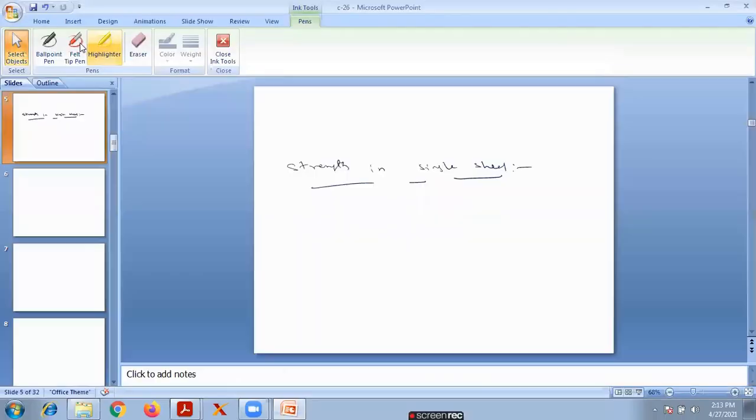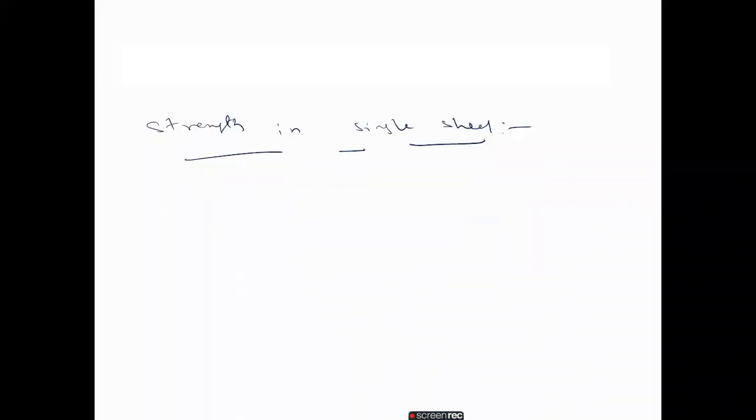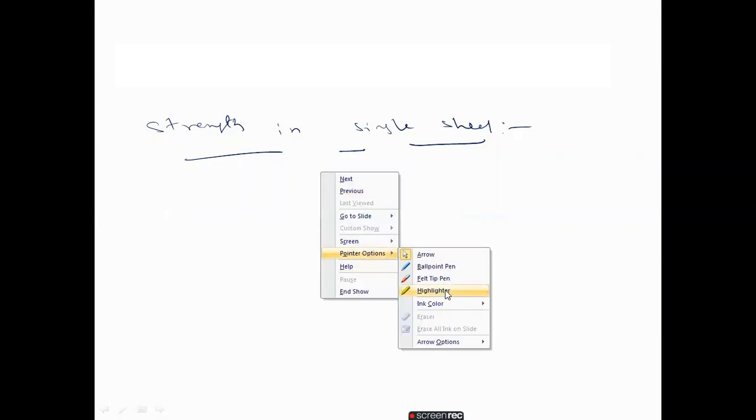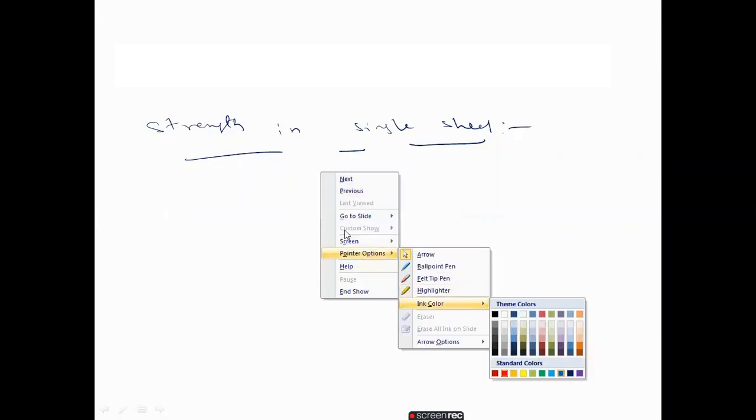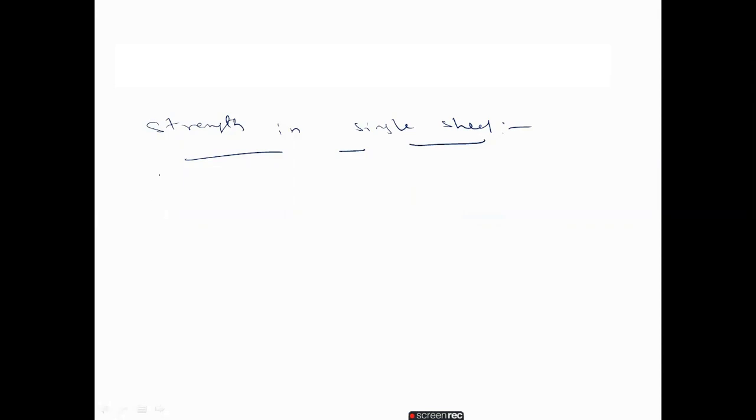So strength in shear, first we have to calculate in single shear. Okay, that one I will write the formula here.